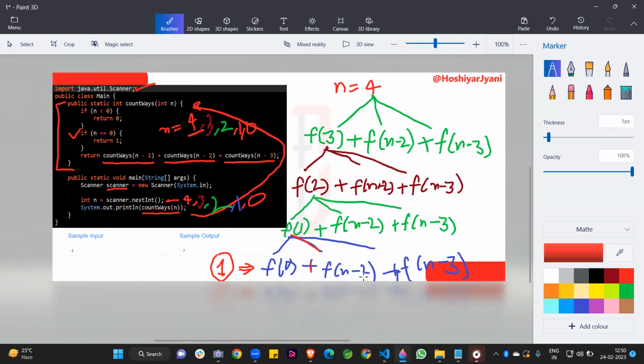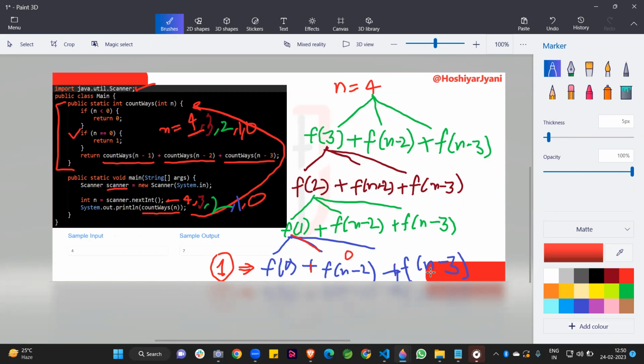So for n minus 2, we get the value of n from this n. N is 1 here. So the value of n is 1. 1 minus 2 is minus 1. So when we call this function for minus 1, then you can see here guys, if our n is less than 0, then we simply return 0. So this function is returning value 0.